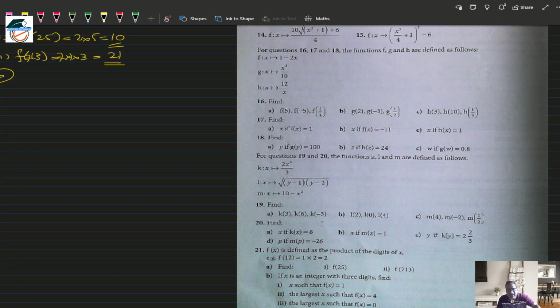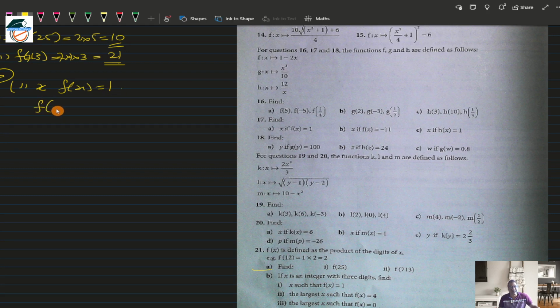Fine. B part of the same question 21. Now what is B part? If x is an integer with 3 digits, find x such that f of x is equal to 1. So the product should work out to 1, isn't it?